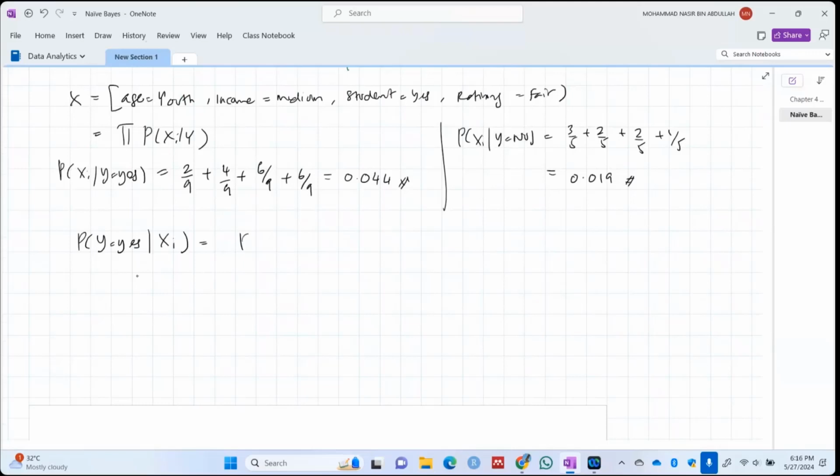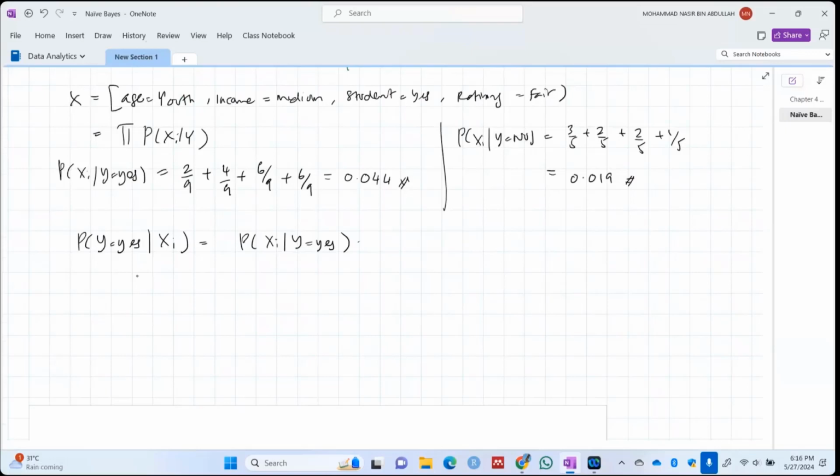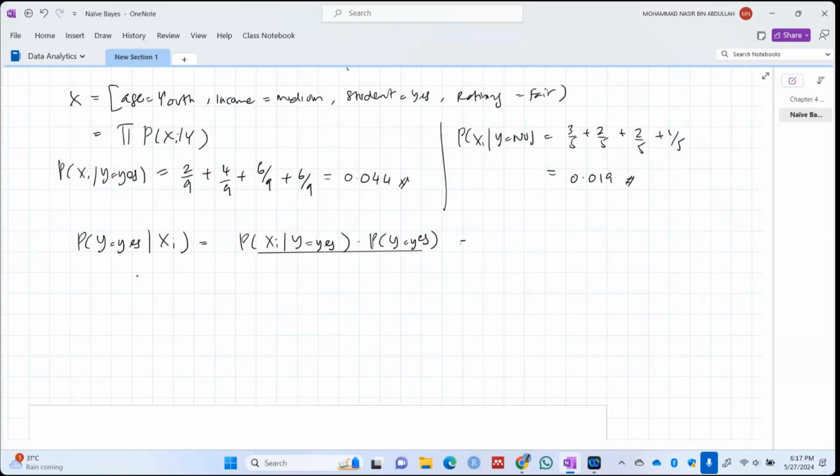So this one should be probability of xi given y equal to yes, multiplied with probability of y equal to yes, divided by probability of x, where we don't care what the value of x is. But we can ignore this value because it is the same for both classes.